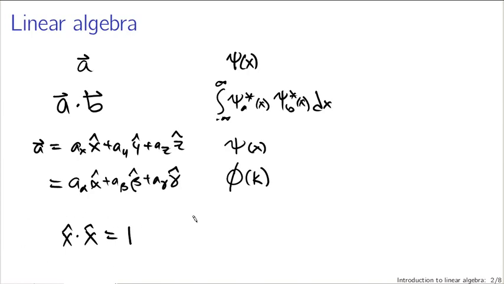Finally, taking the dot product of a unit vector with itself is like saying the integral from minus infinity to infinity of psi star psi dx is equal to 1. That's our normalization condition.